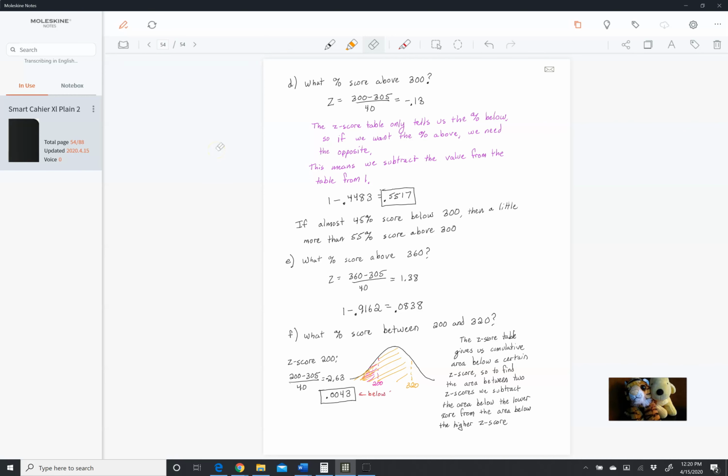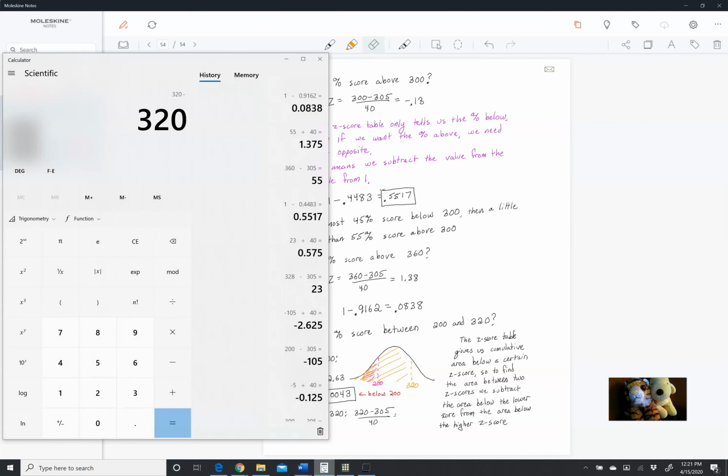Now we're going to do the same thing for 320. So to find the z-score, we do 320 minus 305 over 40. Get 0.375. If we round, that's 0.38.